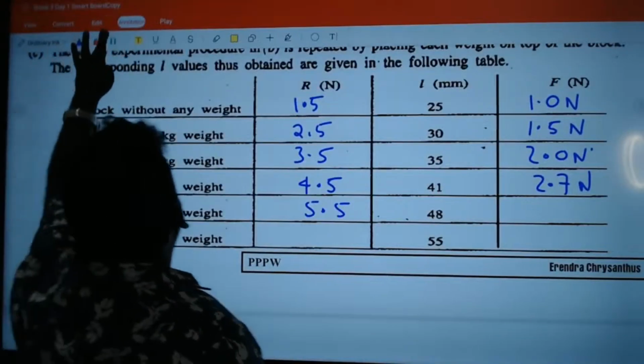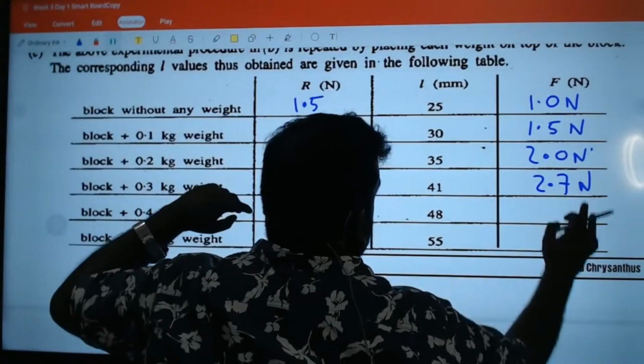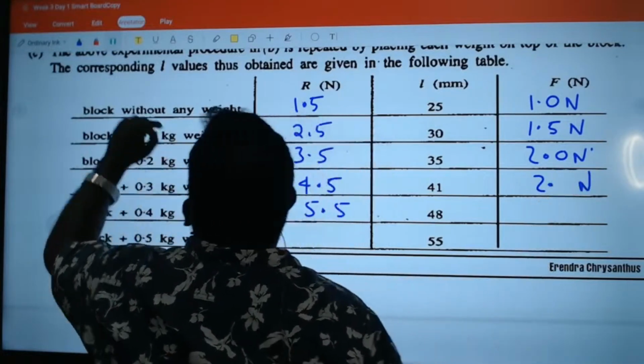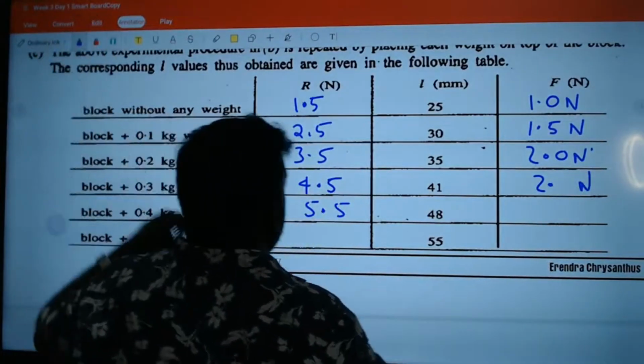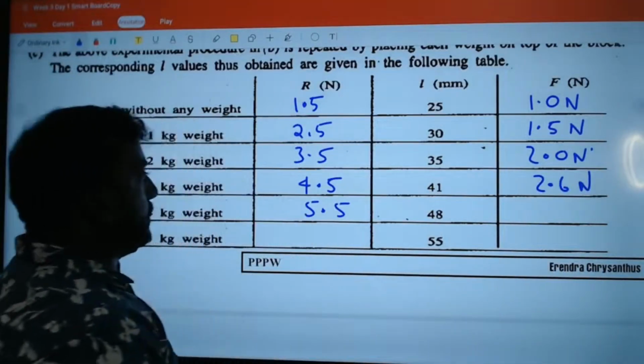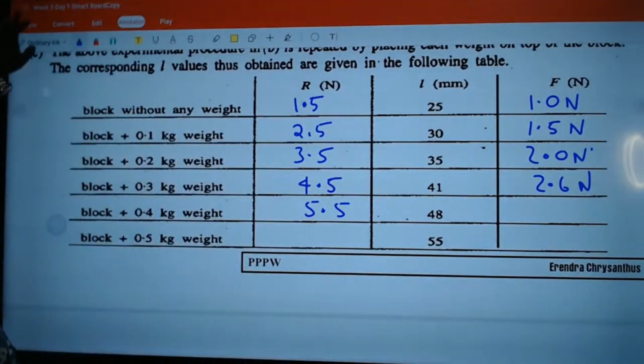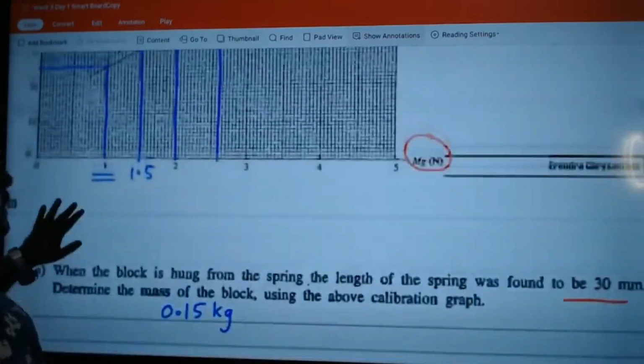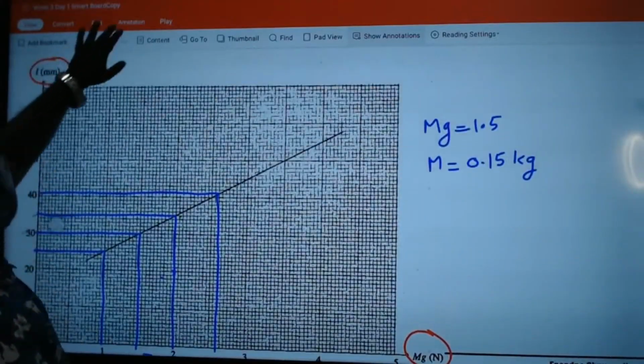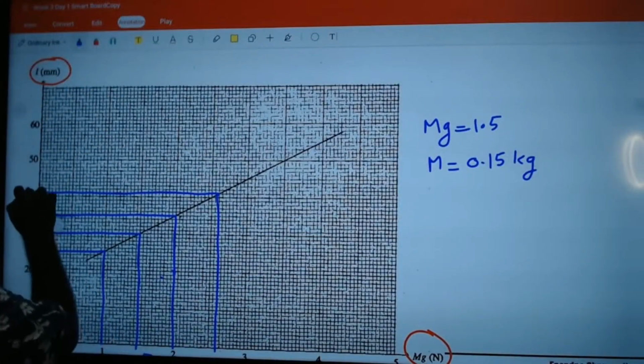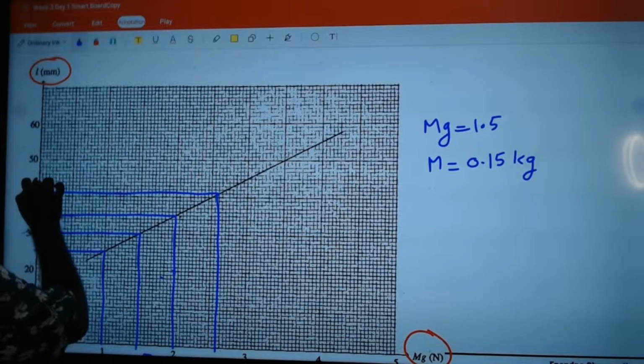Not 2.7, 2.6. 48 millimeter. Go back. 41, 42, 43, 44, 45, 46, 47, 48.